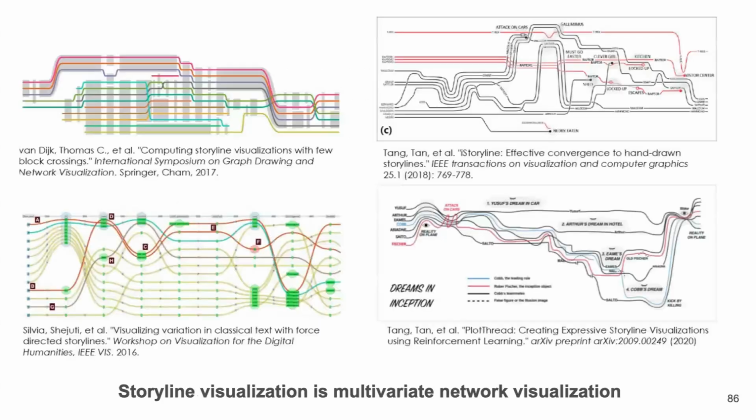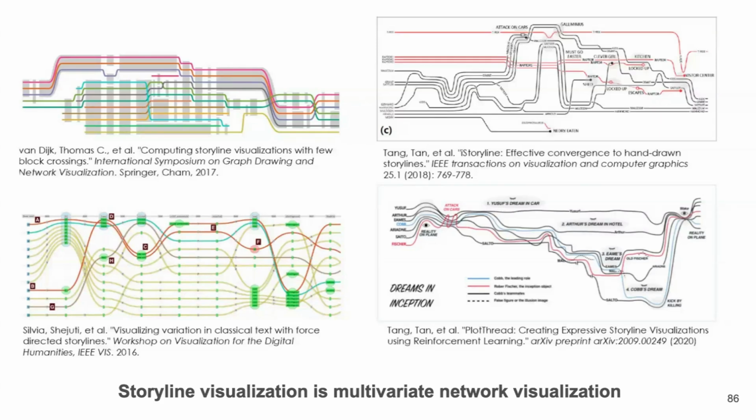And we want to display this stuff. Already, the storyline visualizations that are pretty common in graph drawing are multivariate data, right? So everyone is familiar with storyline visualizations? Anyways, every line is a character in this, right? And already the fact that every line is a character is additional information.